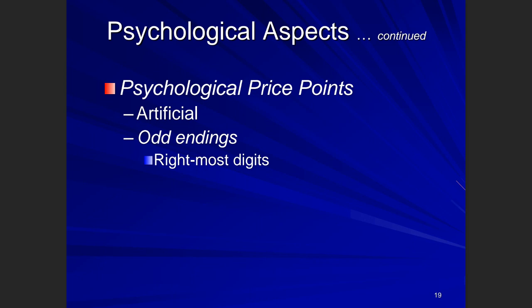Because upon seeing that right-hand most digit that is deliberately priced just below that next highest number, the consumer will automatically attend to that left-hand most digit, and it will be more salient in their mind, and they will think that it will be much cheaper, much lower in price than it actually is.